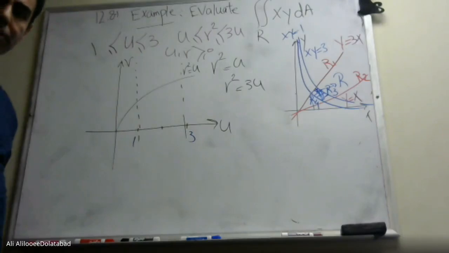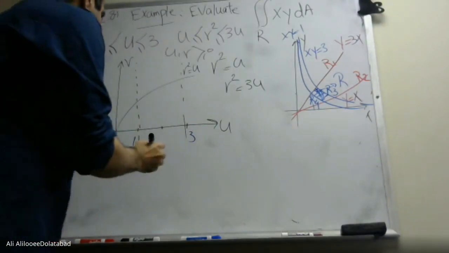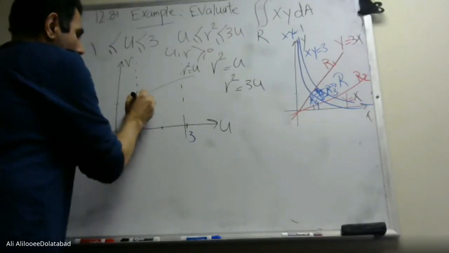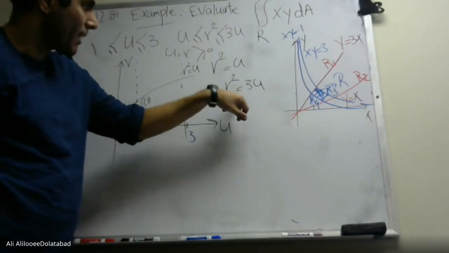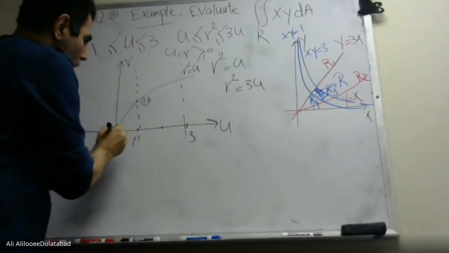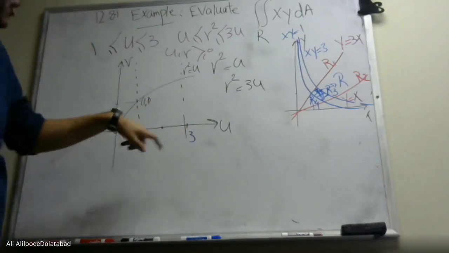Any question? Let's see this point, for example, here. This guy is (1, 1). What about v squared equal 3u? Again, it is a parabola. It also passes through the origin.